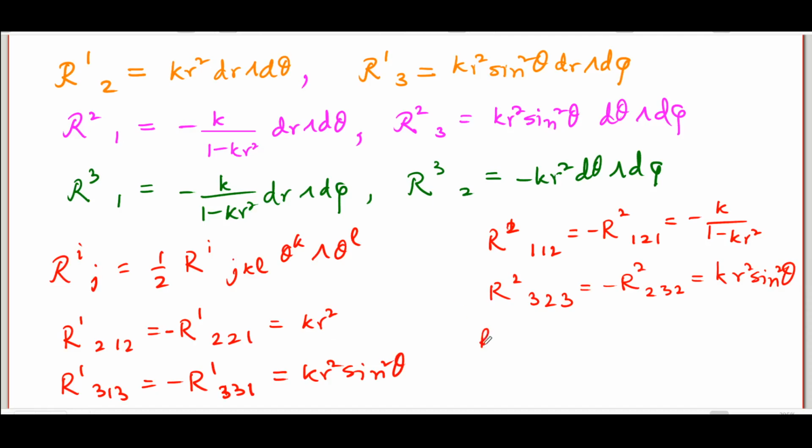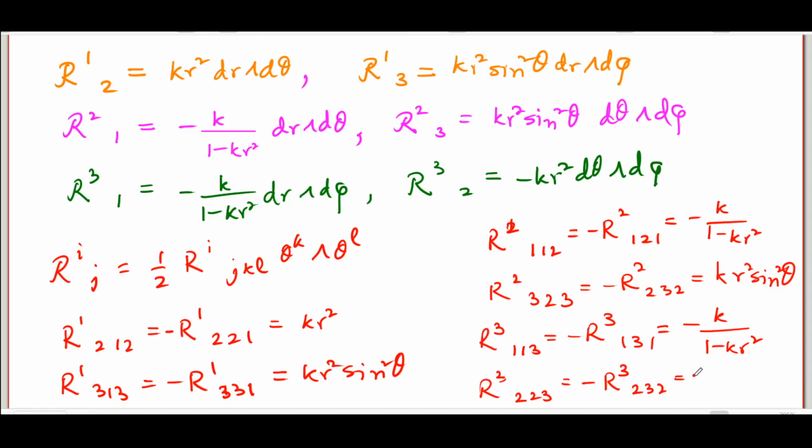R3,1,1,3 minus R3,1,3,1 is minus k by 1 minus kr square. Finally, R3,2,2,3 minus R3,2,3,2 is given by minus kr square.